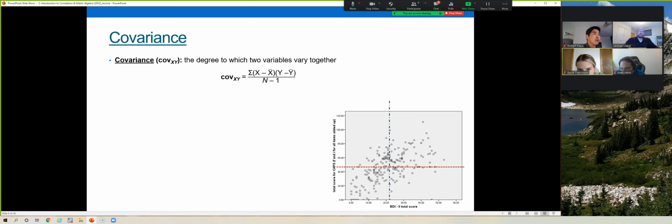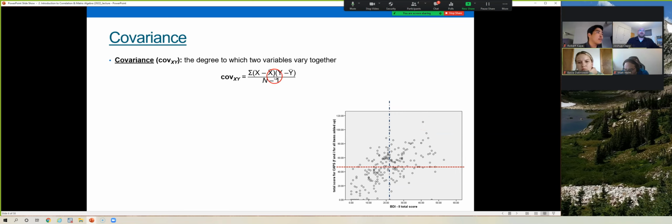And if we think about what we're doing with covariance, let's say I take a score with a large positive deviation from the mean on X, right? So scores around here are going to have a large positive deviation score, right? If I take this score here and subtract it from the mean, I'm getting a large value, right?